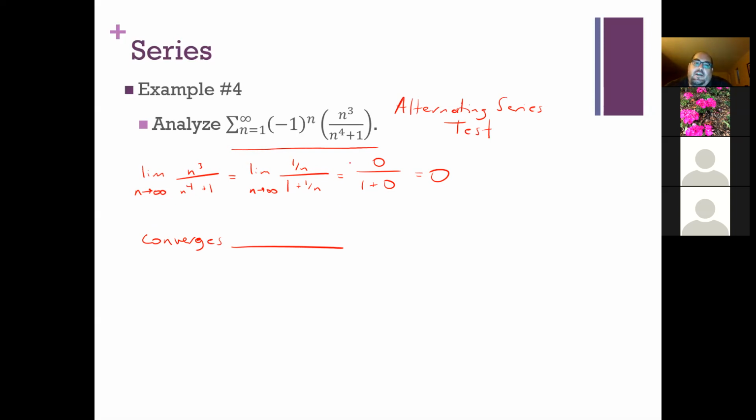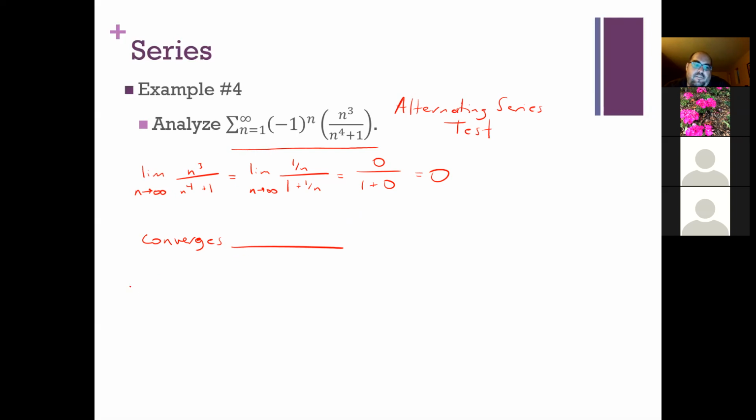So does this converge absolutely or conditionally? So how can we check that? We look at the absolute value.